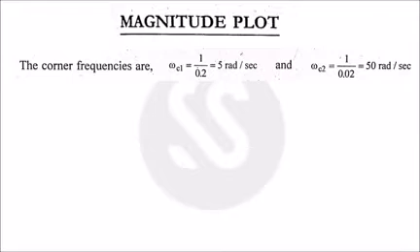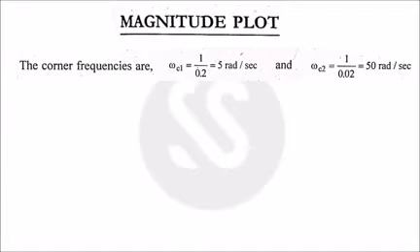The corner frequency is the point where the magnitude plot or phase plot bends or turns. For example, if your plot is going at 20 dB per decade and it reaches a frequency where it bends, then that is called a corner frequency. Obviously, as the name indicates, a corner means it has a bend.